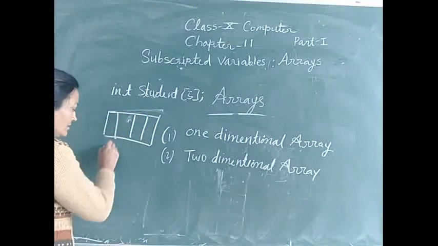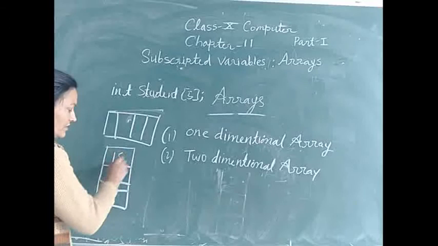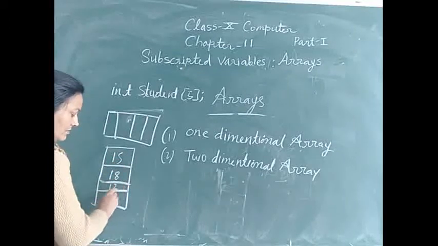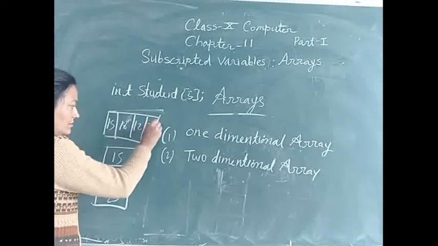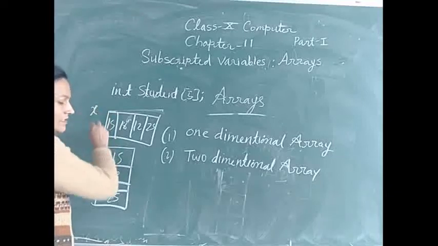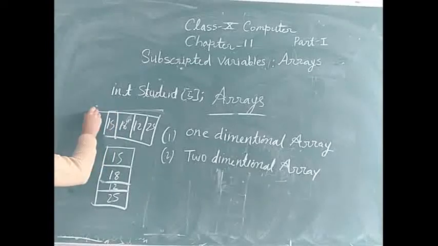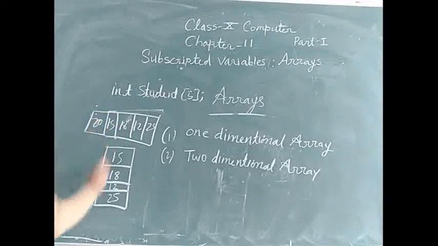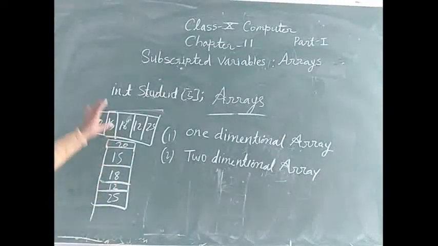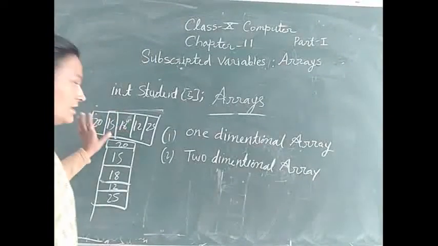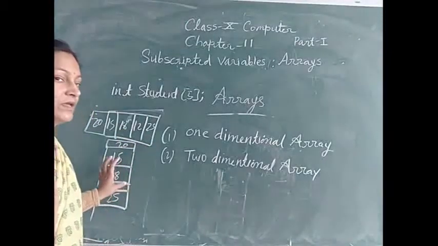We can store data in this row-wise or in column-wise. For example, here is a student array and size is 5. So it is a single dimensional array because elements are stored row-wise or column-wise.